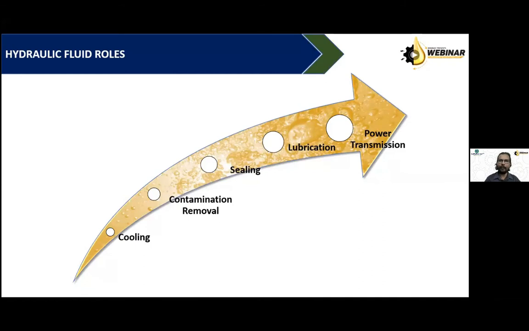It is like the air curtains we see at shopping mall gates to isolate the atmospheric air from the air condition system inside the mall. It is the same application. Then for movement of the spool, there should not be rubbing, so it acts as lubricant. And finally, the main purpose is the transmission of power from source to the desired component.